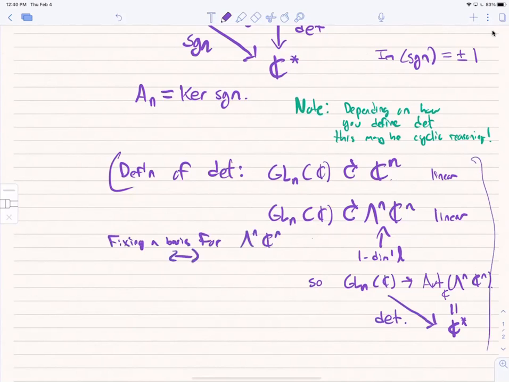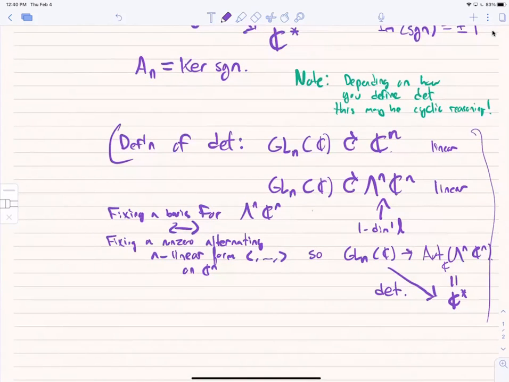This is a good exercise to think about why this is the exact same thing as fixing a non-zero alternating n-linear form on C to the n. And then the determinant.